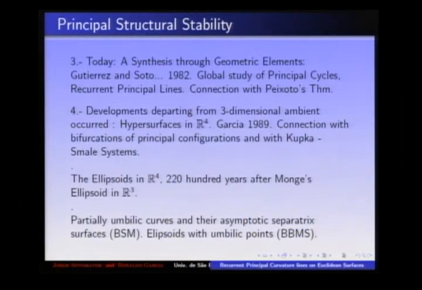All that is not a connection, nor a singularity, is a circle, a periodic circle of lines of curvature in the ellipsoid. And then we will gather this geometric information and put it together following the steps of the pioneers in the structural stability of differential equations in Russia and with Peixoto.